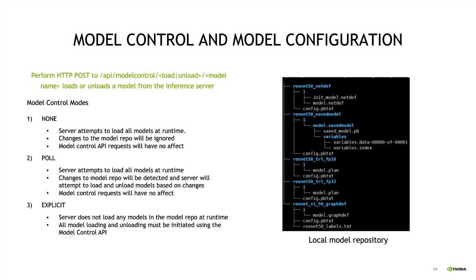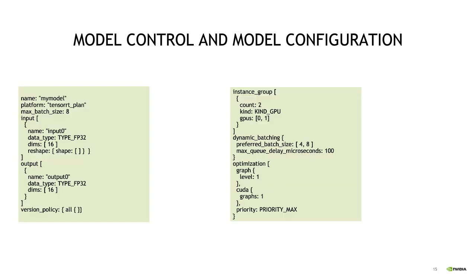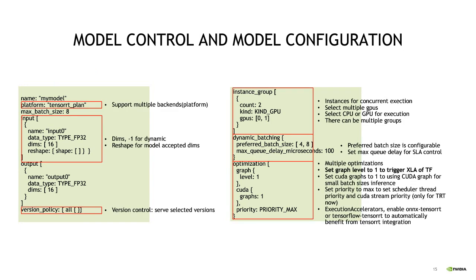This is allowed with the option provided in this slide. In addition to the previous configuration, we have to write a config.pbtxt file for each model, and this configuration file will control precisely how the model is deployed with Triton Inference Server.